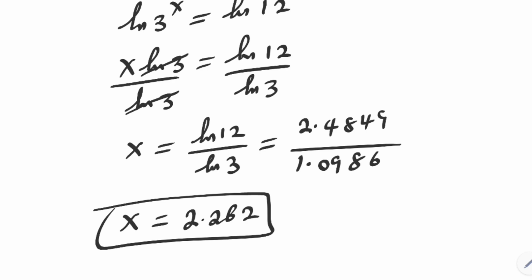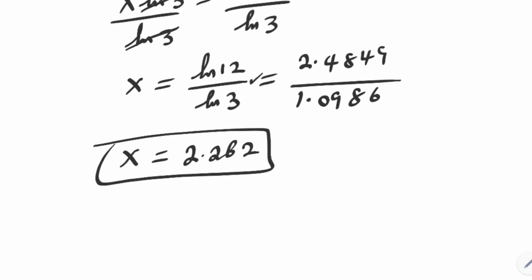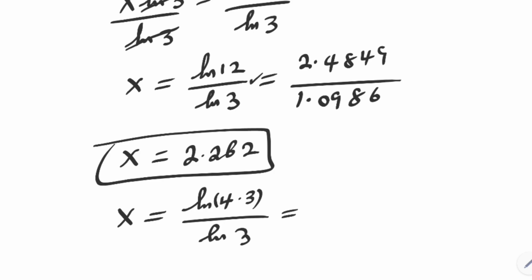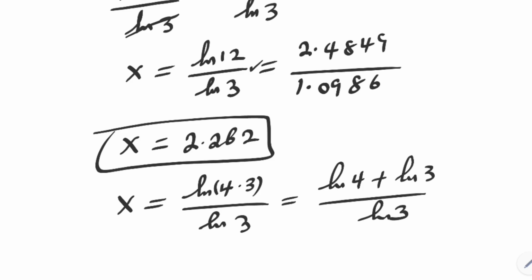But if you want to leave the answer in natural logarithm form, it will be x is equal to ln of 12, which can be written as ln of 4 multiplied by 3 over ln of 3. This is equal to ln of 4 plus ln of 3 over ln of 3.